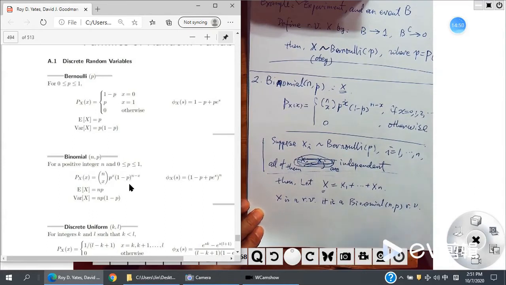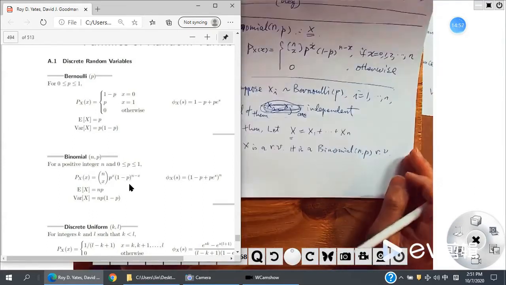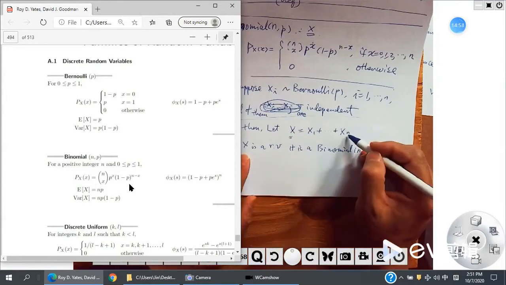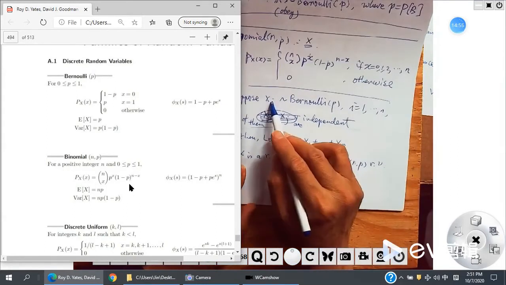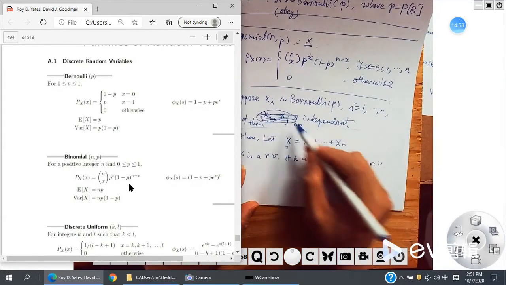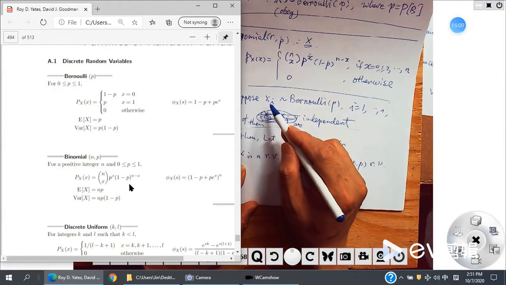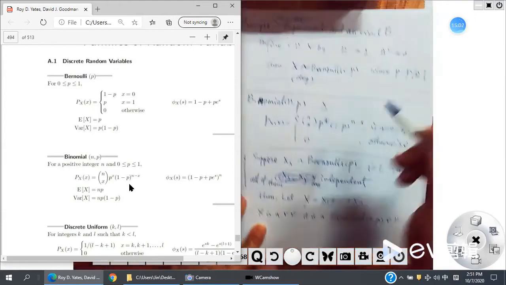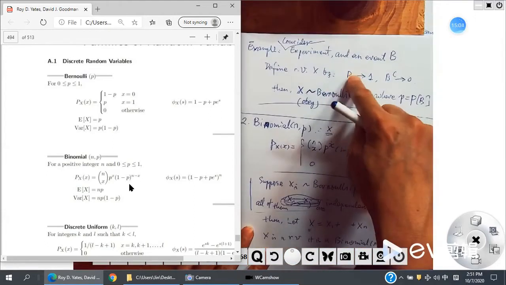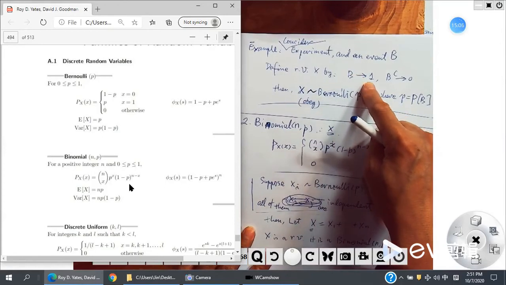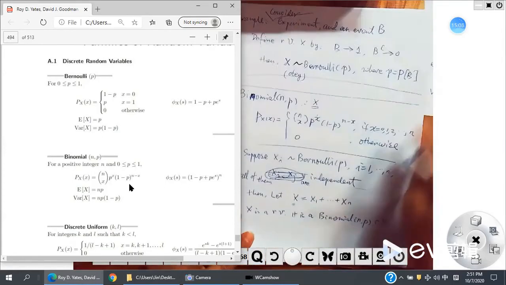Does this make sense? What is X? The summation of these Xi, each maybe 0, maybe 1. You can think you have an experiment just like this, then you repeat n times.